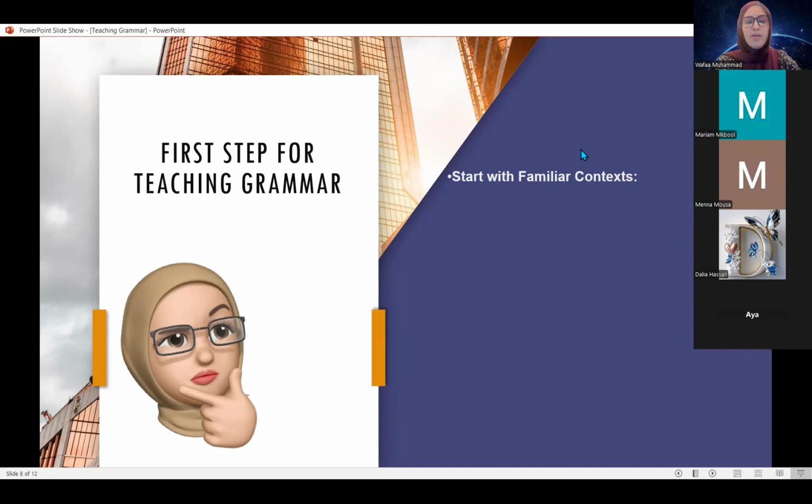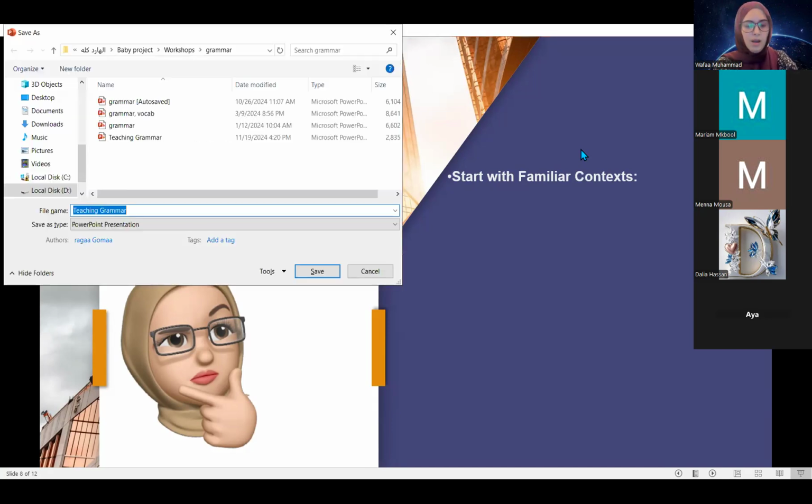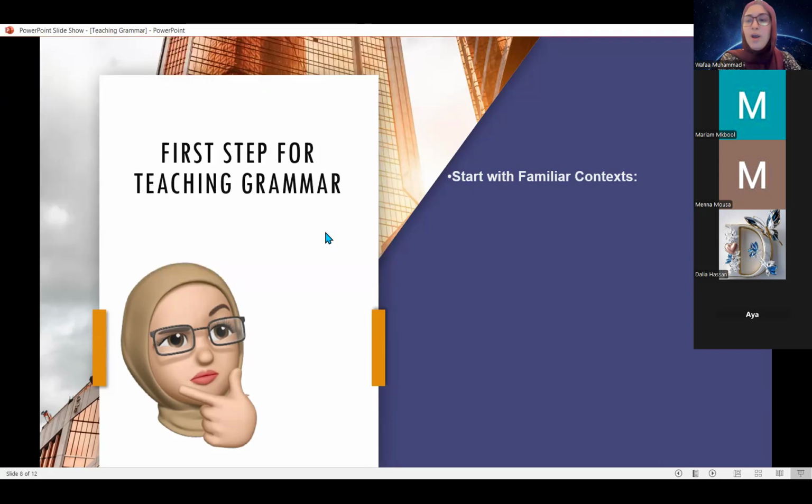Actually, if you have a course book, you're going to find that all the English course books, whether they are from Oxford or Cambridge, have topics that are the same.